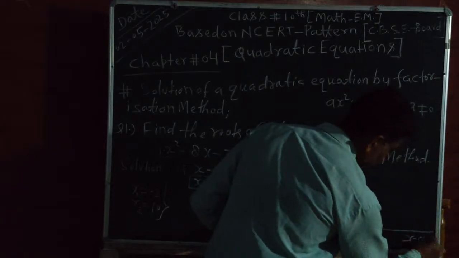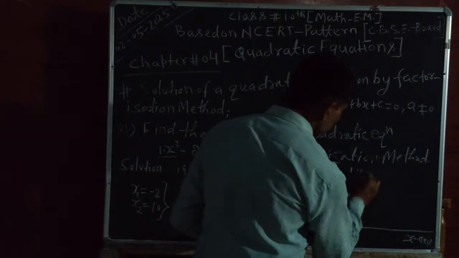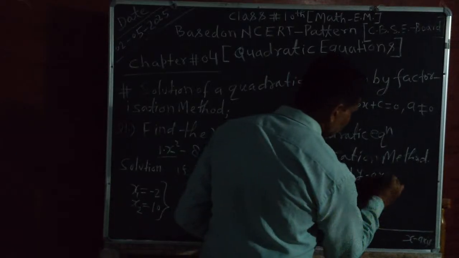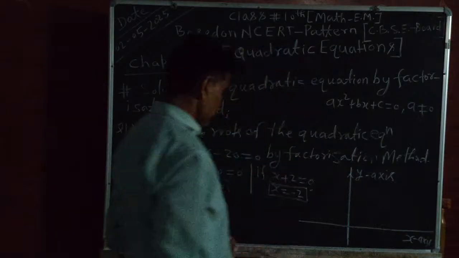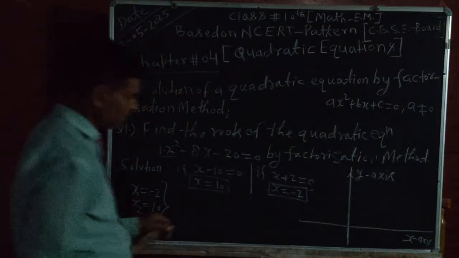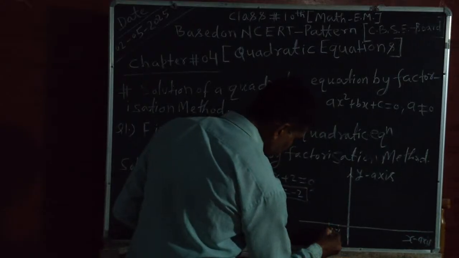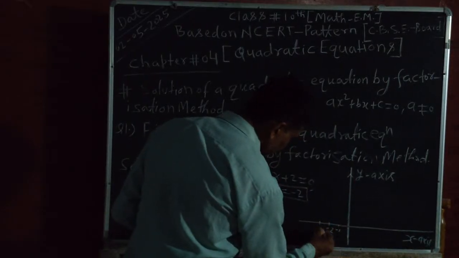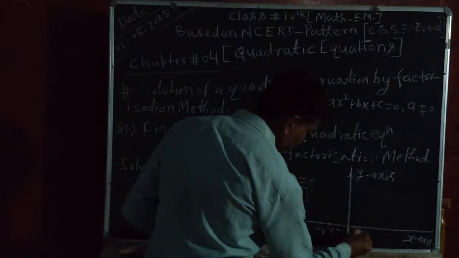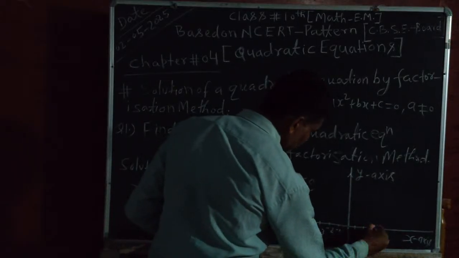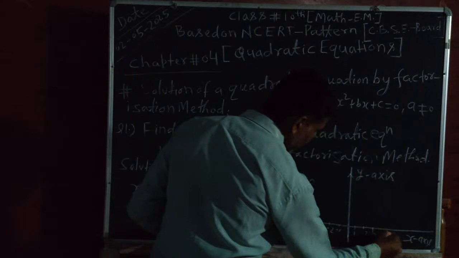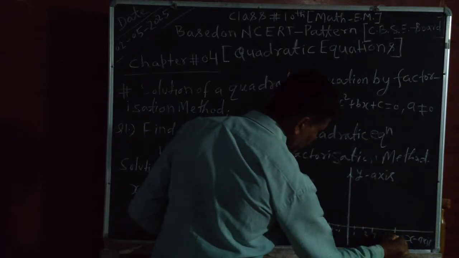This is the x-axis, and this is the y-axis. Now minus 2 is available, so this will be minus 1, this will be minus 2, this will be minus 3. Similarly, I will say 1, 2, 3, and so on. I will say 10.